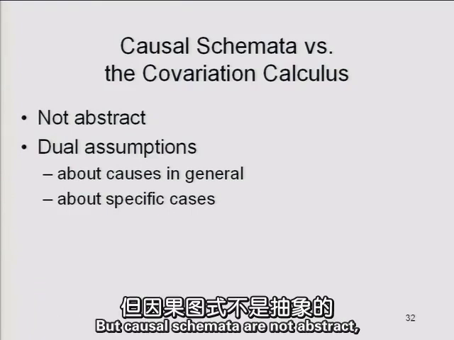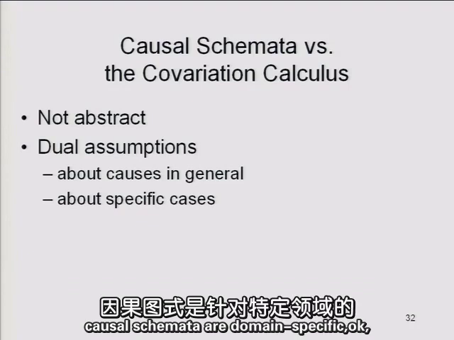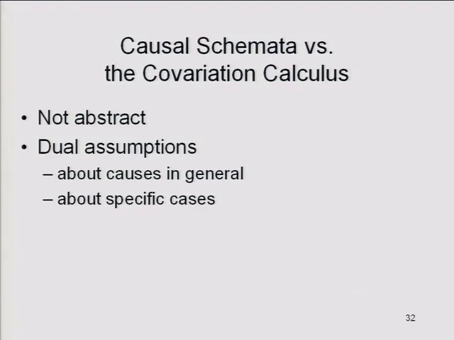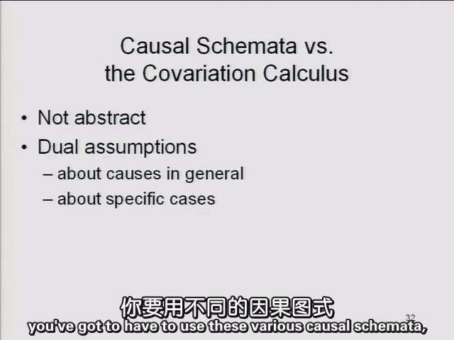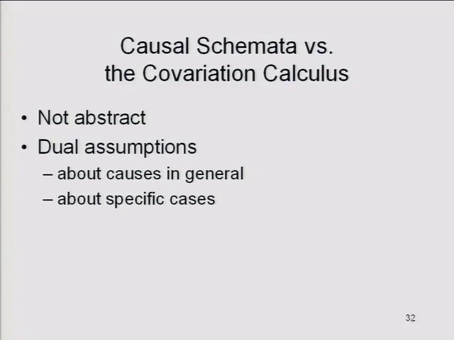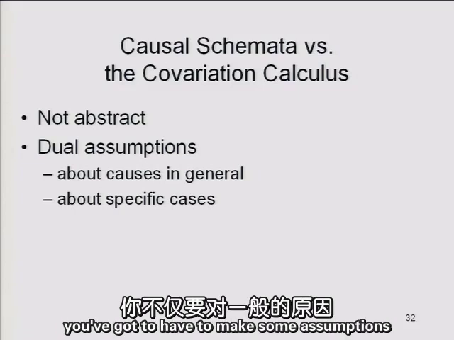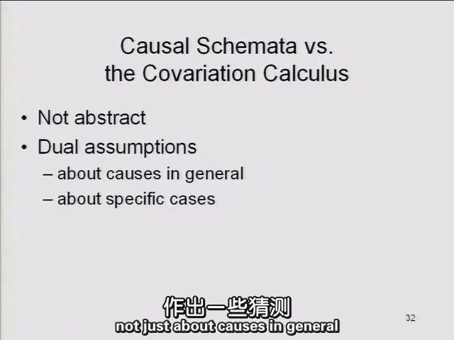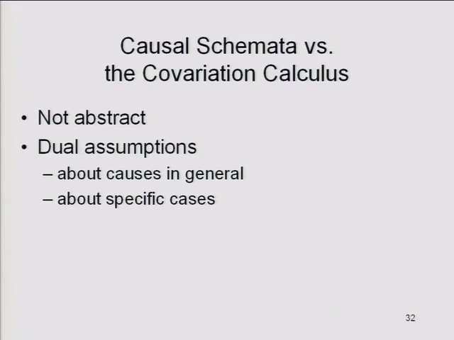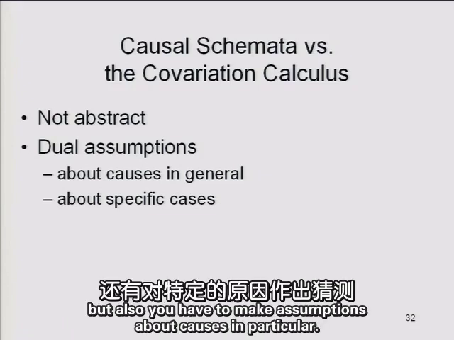But causal schemata are not abstract. Causal schemata are domain specific. To use these various causal schemata, you've got to make some assumptions not just about causes in general, but also about causes in particular.